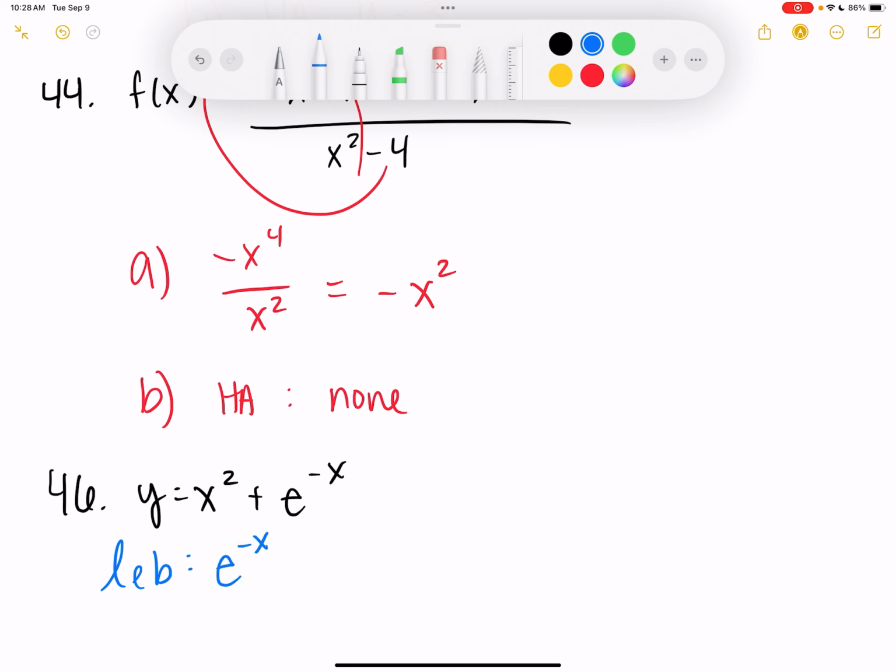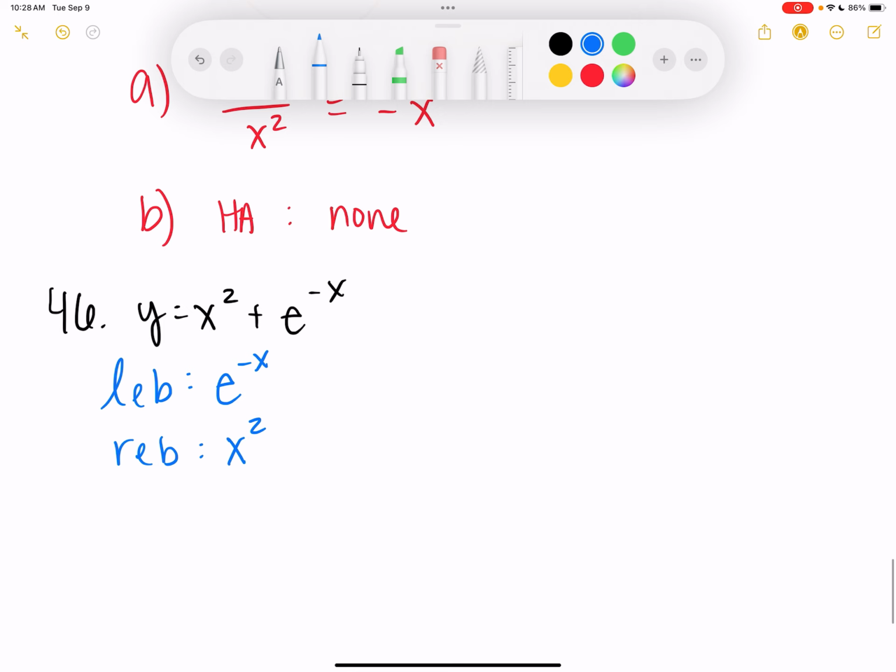Then the right hand side looks more like the x squared part, and so the right end behavior is x squared. Sometimes it ends up like one of them is one and one of them is the other, but they can also be the same for both because of how the graph works.